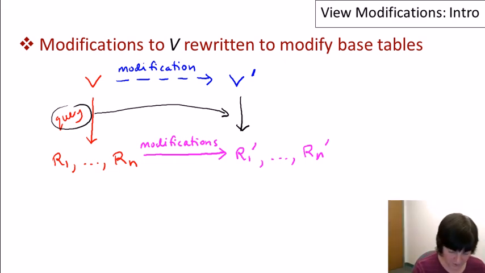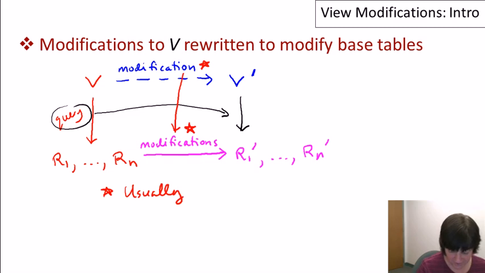So if we can always figure out how to translate this modification up here into the modifications down here so that this square diagram holds, so that the resulting modifications here give us the effect we wanted upstairs, then we're in good shape. So the question is, can we always perform this translation of the modifications so the square diagram holds? And the answer is actually usually yes.